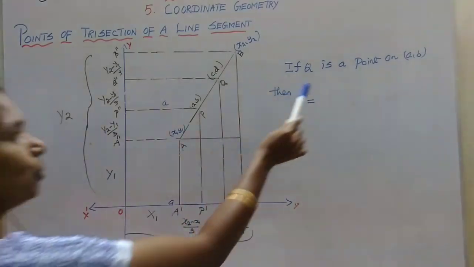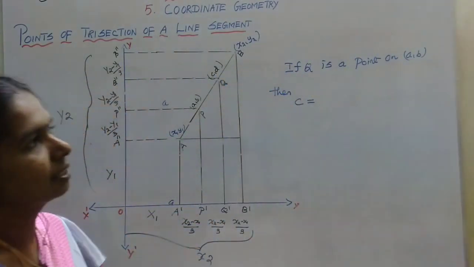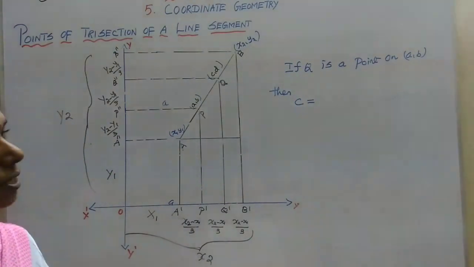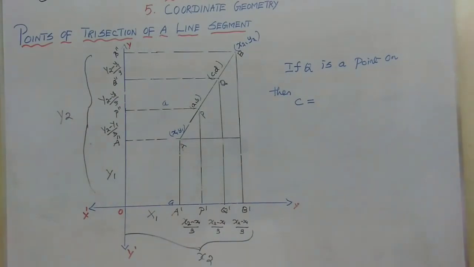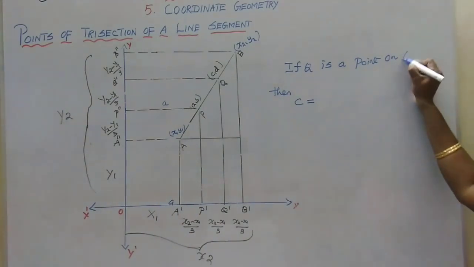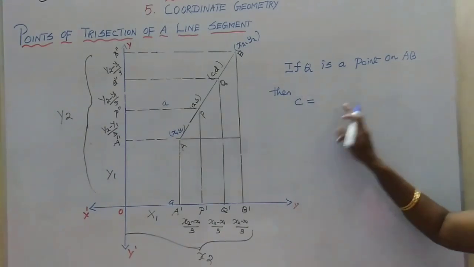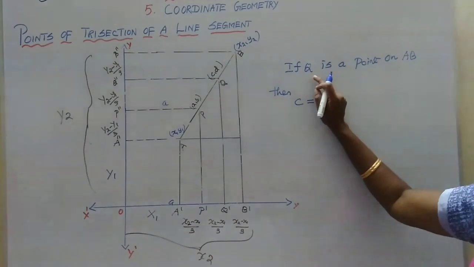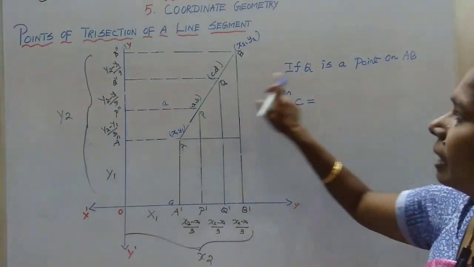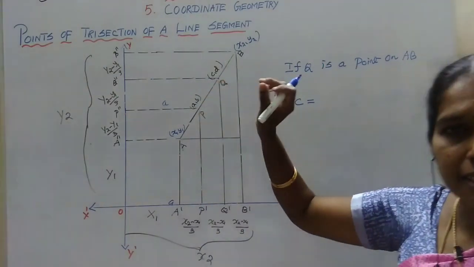Now, if Q is a point on A comma B, suppose we are taking Q is a point on C comma D, if we are considering Q is a point on capital A comma B, then this point C comma D will be, because here for Q, what are the coordinates? C comma D. For P means A comma B. For Q means we have to take the point C length and D length.